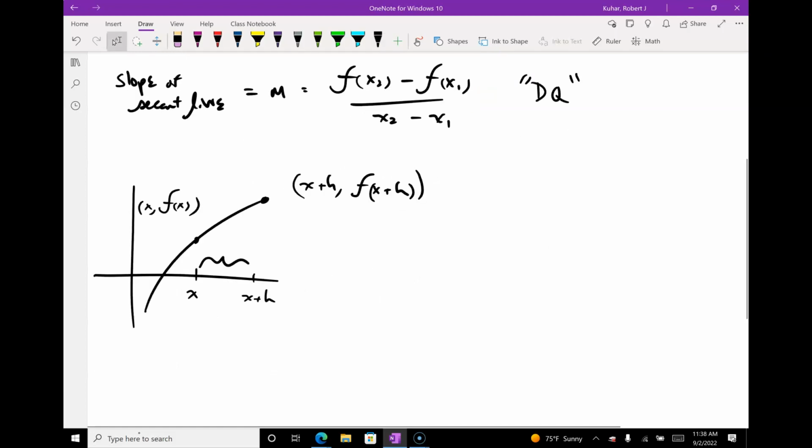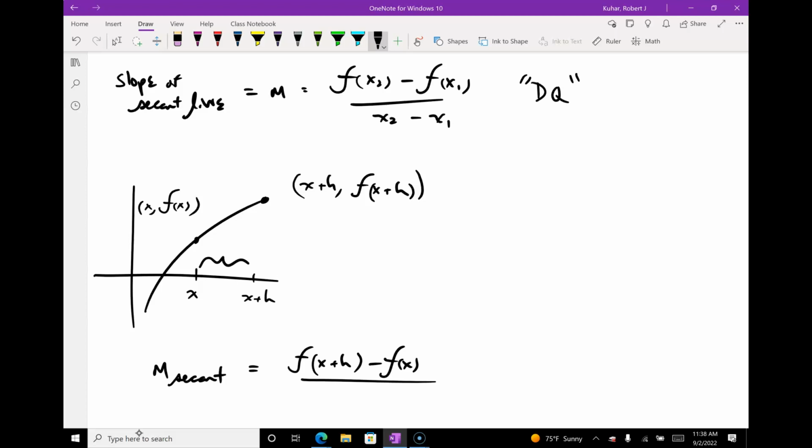So look what happens to the slope of my secant. It is f of x plus h minus f of x. There's my difference. There's my quotient, x plus h minus x. And what does that simplify to there on the bottom?